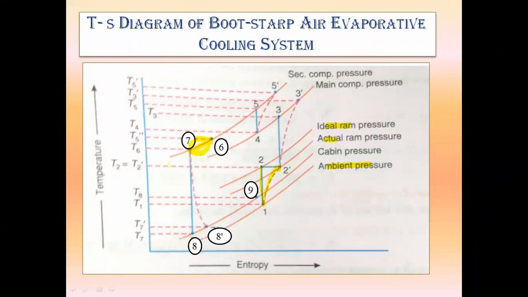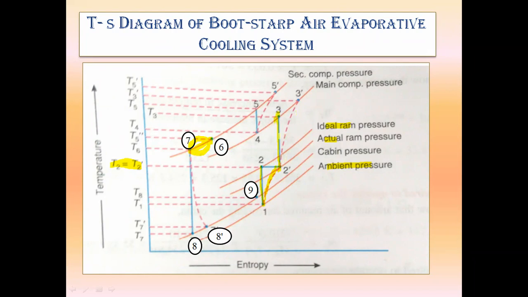Here T2 is equal to T2 dash. Then the 2 dash to 3 process takes place inside the main compressor, where pressure increases from the actual ram pressure to the delivery pressure of the main compressor.